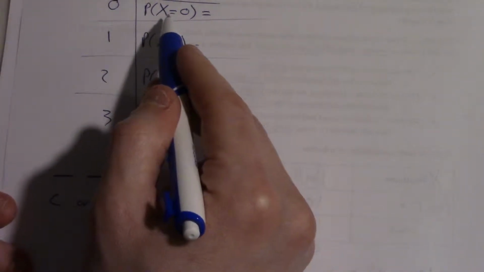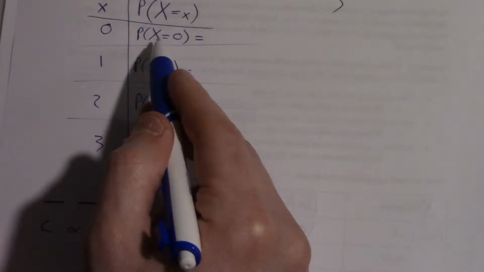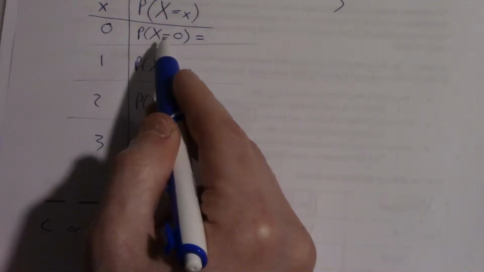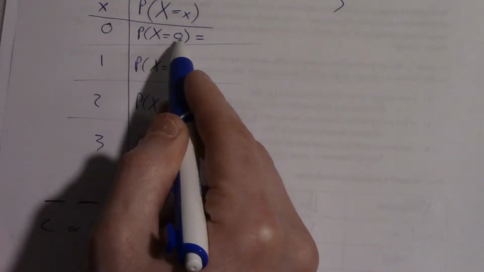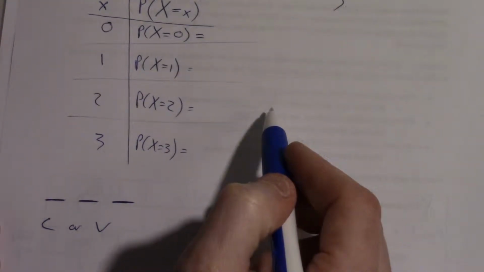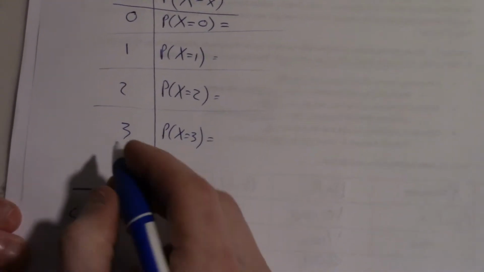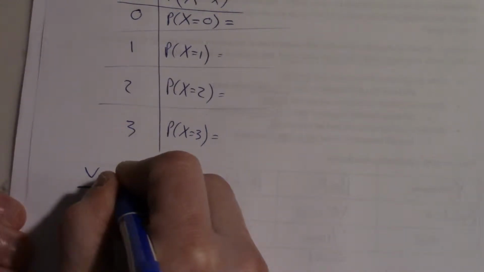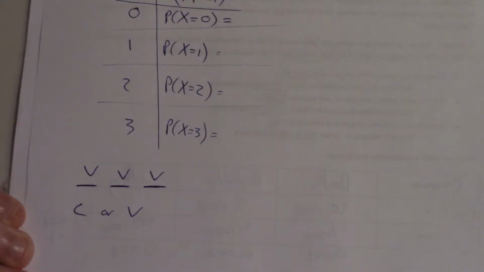So we'll call that V. So let's start with 0. We have our 3 slips of paper. We want to know what's the probability that we have 0 consonants. Well, if none are consonants, then that means we have 3 vowels. So our slips of paper will be vowel, vowel, vowel.